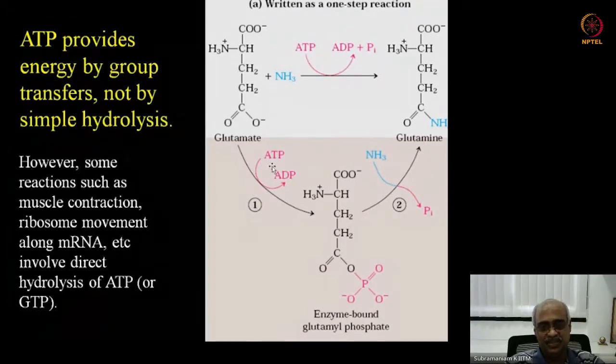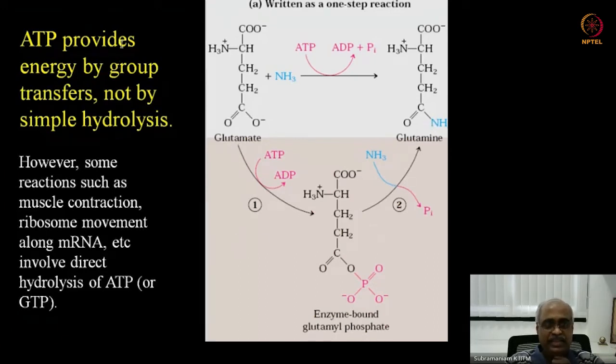First, the phosphate group is temporarily transferred to the enzyme-bound glutamyl group. You have a glutamyl phosphate. When ATP is hydrolyzed, the phosphate is attached, only ADP is released. Then this amide bond formation releases the inorganic phosphate.